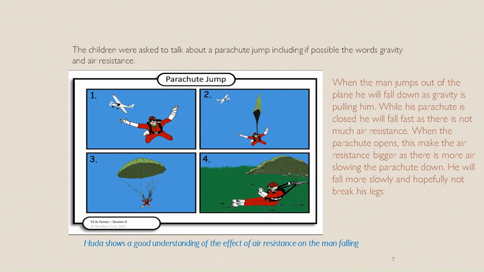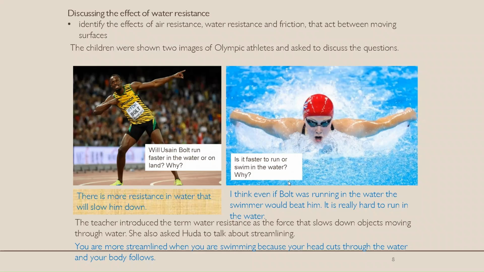While his parachute is not open, he will fall fast as there is not much air resistance. When the parachute opens, this makes the air resistance bigger as there is more air slowing down the parachute. He will fall more slowly and hopefully not break his legs. Huda shows a good understanding of the effect of air resistance on the man falling.